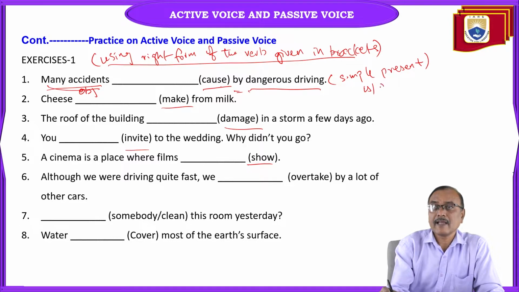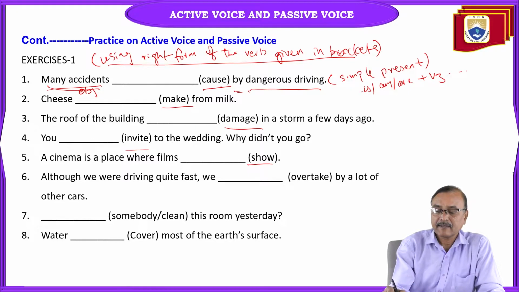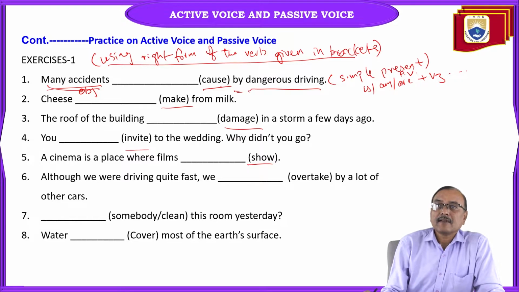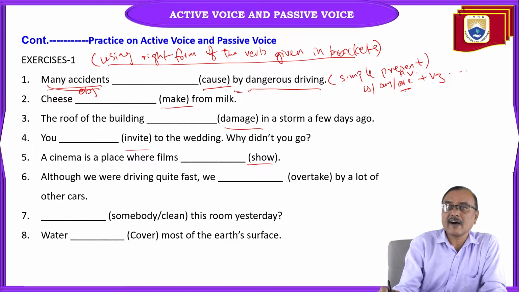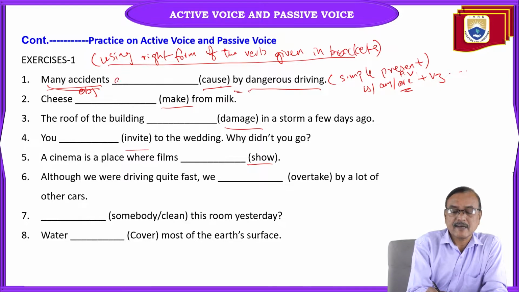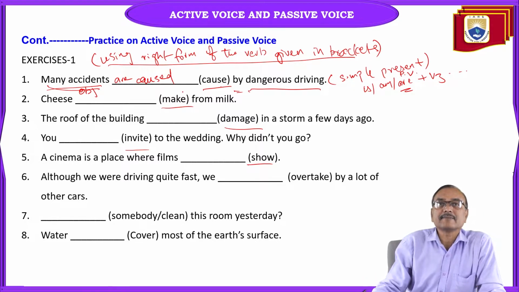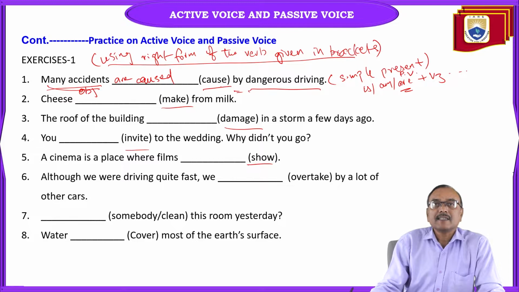Is, am, are, followed by V3 form. This is passive voice, simple present tense. So what do you use for many accidents? Are. Many accidents are caused by dangerous driving.